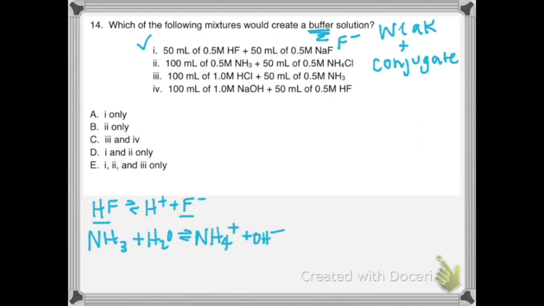And the NH4Cl will give us this NH4 plus. So again, we'll have both the weak base and its conjugate acid. Buffer.